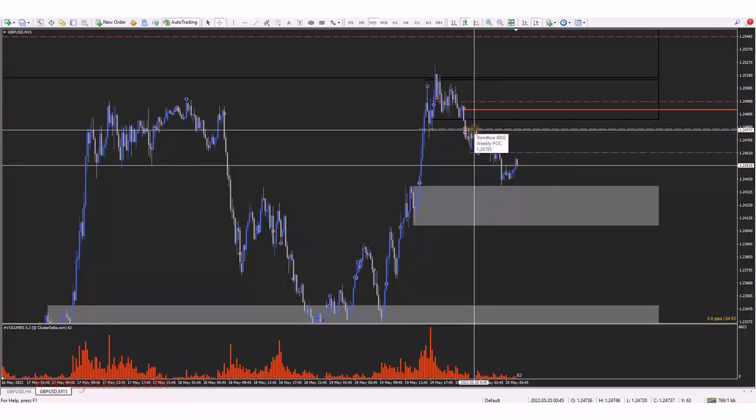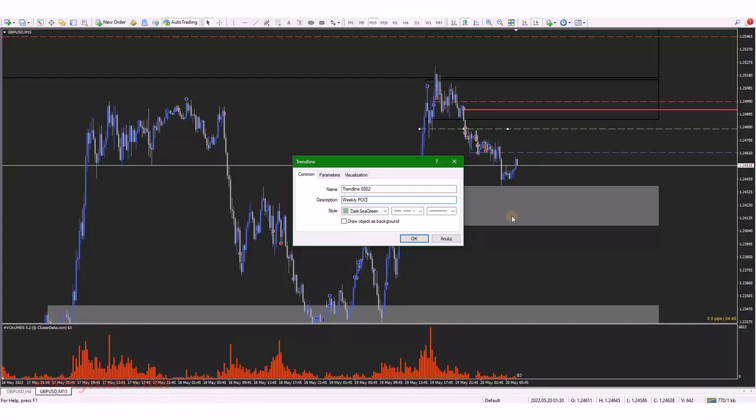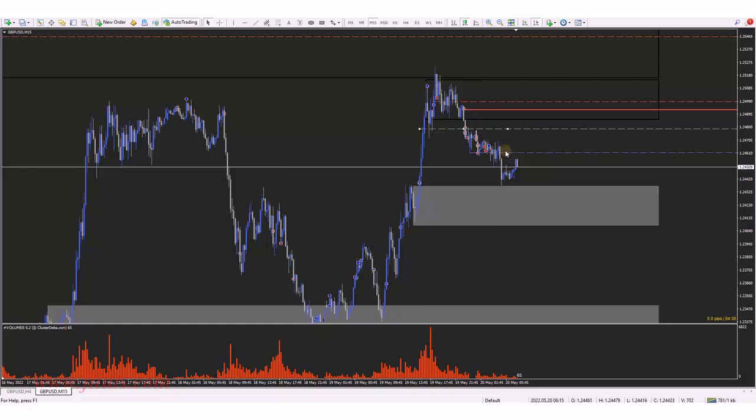This one, a crazy candle. So I know now that the weekly point of control is also my Asian high. And how far are we? 30 pips.